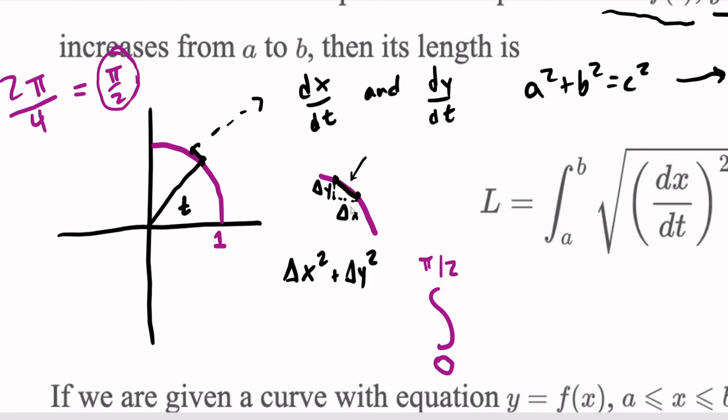The change in x squared, plus the change in y squared will be equal to this change squared. This line, which is not arc length yet, right? But it is going to be something kind of similar. We'll just call that c for now. And that c is an approximation of that little tiny arc length.